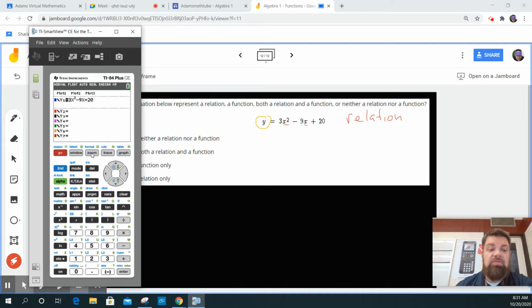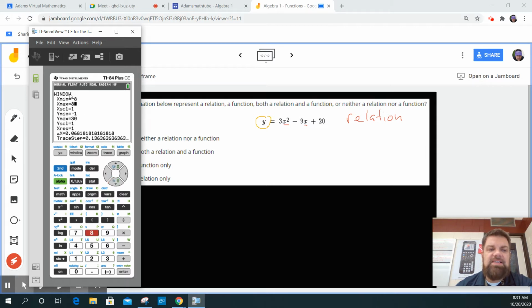So what I'm going to do before I show the graph, I'm going to go to Window, and I'm going to leave this at negative 10 to 10 on my x minimum and my x maximum, but I'm going to scroll down here to my y minimum and put that at like negative 1, and then my y maximum at 30. And actually, I might go back up here and make my x minimum negative 8 and my x maximum 8.